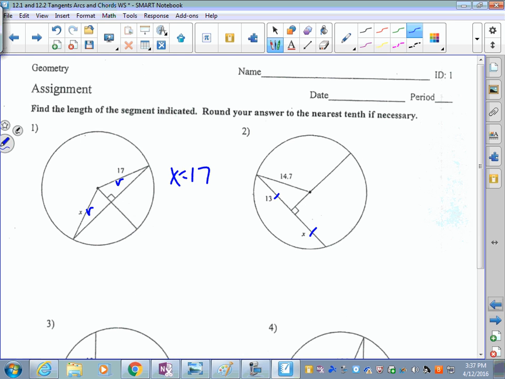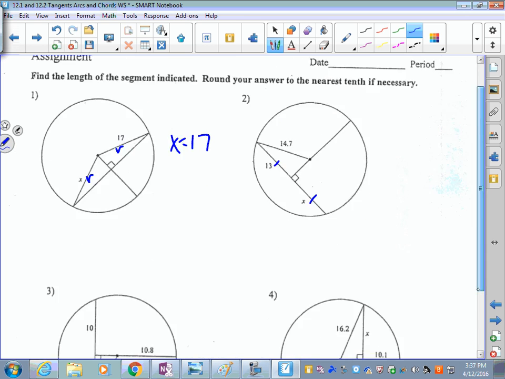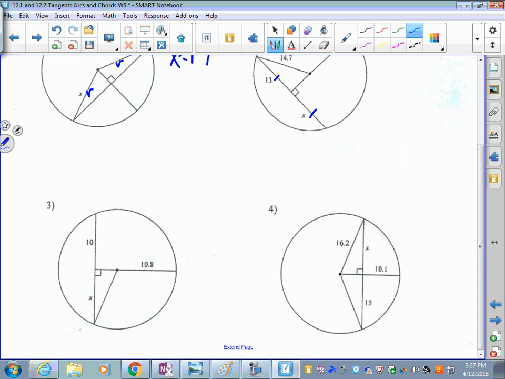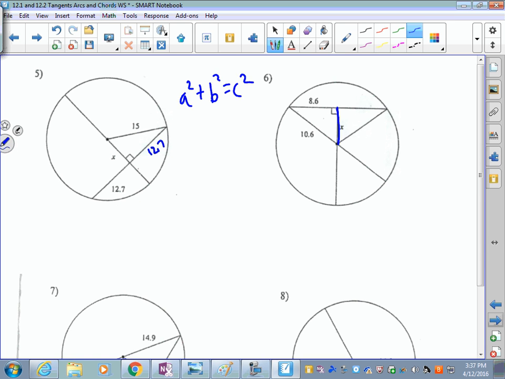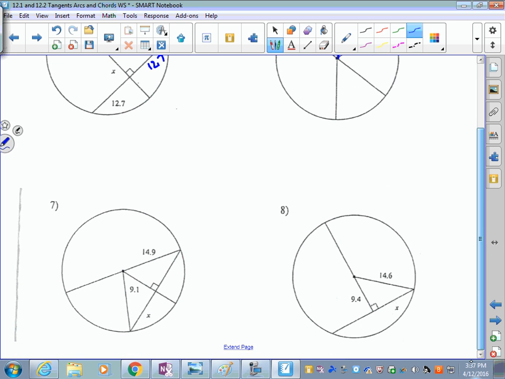But if we're looking at, like number 4, you see there's really no math on number 4? What is the x on number 4? 15, we're done. Number 3? It's 10, we're done. Here, you have to do Pythagorean theorem.